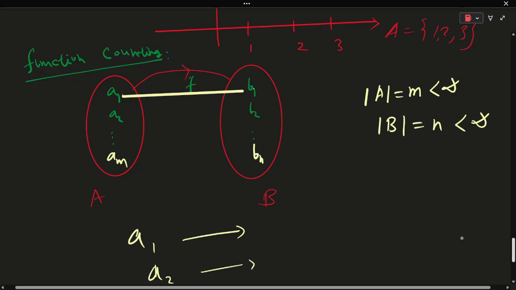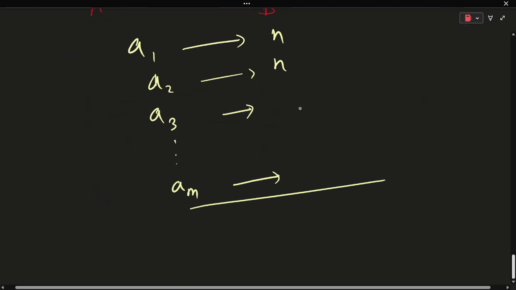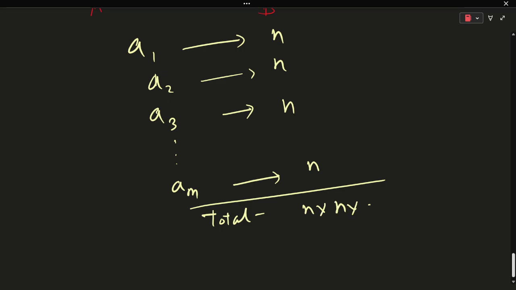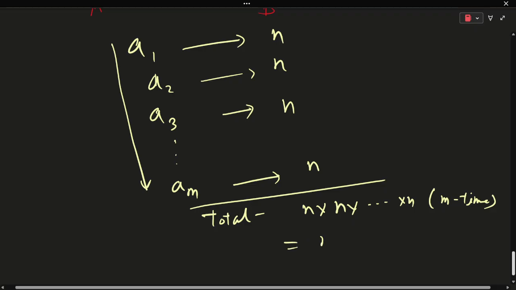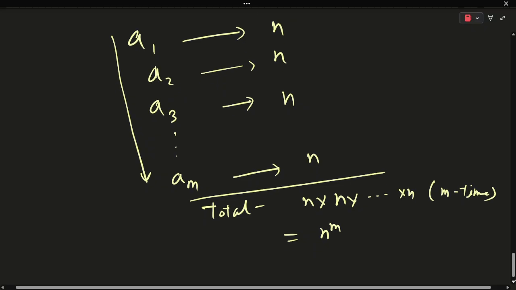So actually, this is n, this also n, this also n, this also n. So total choices: n into n into n. How many times? There are m elements, so m times, right? So n power m. That means what is n?